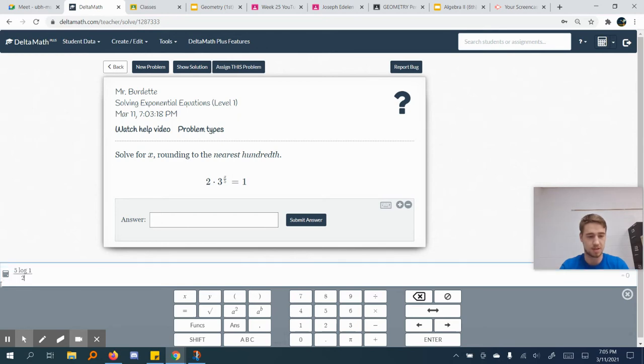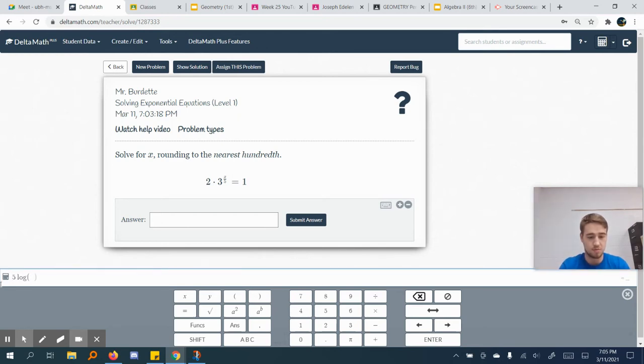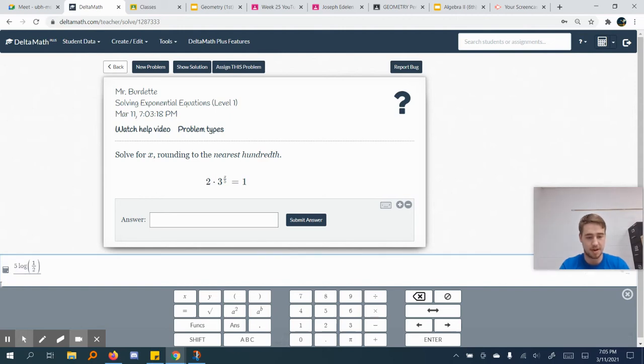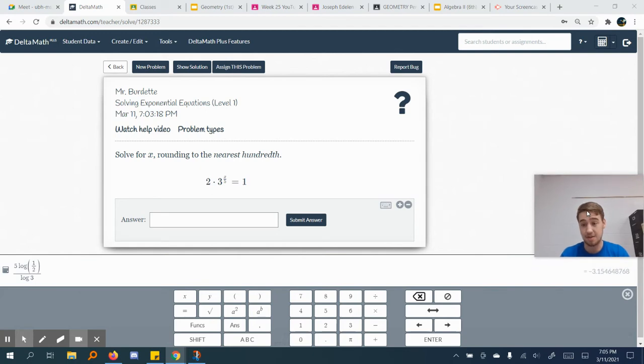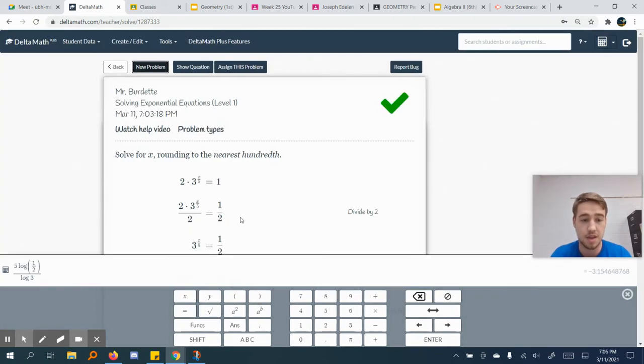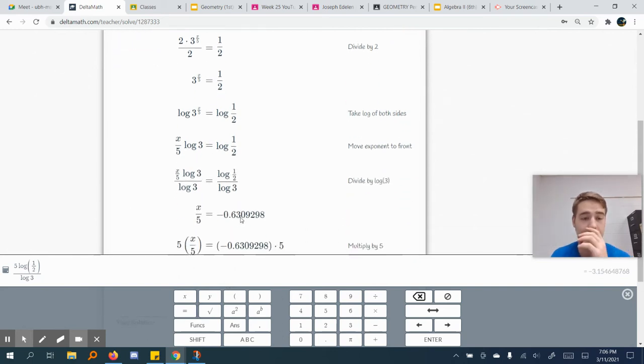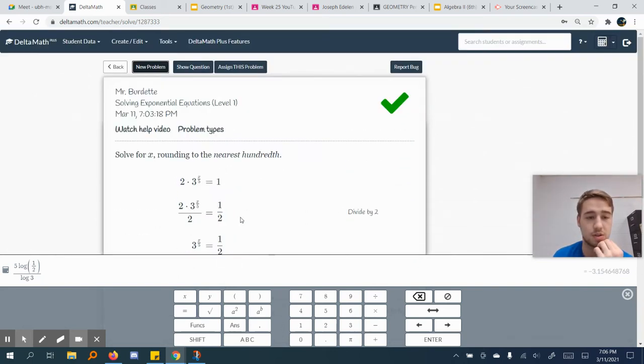Let me fix that, making sure it's just 1/2 divided by log 3. We get negative 3.15, and the 4 rounds down. And we know it's got to be negative because it's turning 3 into 1/2.